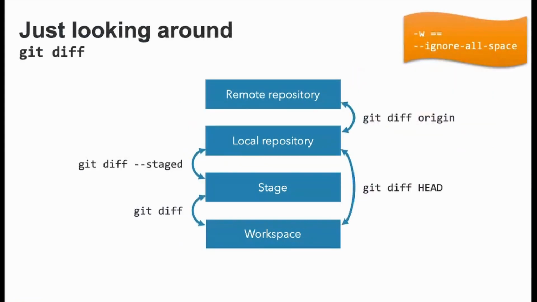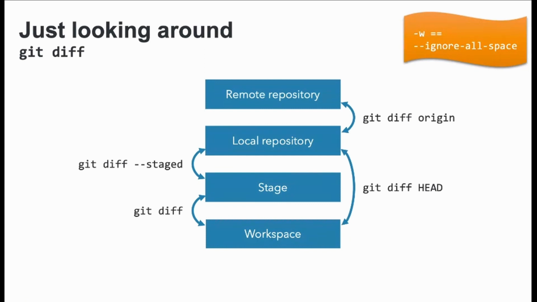If you just want to look around, you can use git diff. And now the various git diff flags make sense to me, because now I know the git diff, the normal one that you usually use, shows the difference between the stage and the workspace.